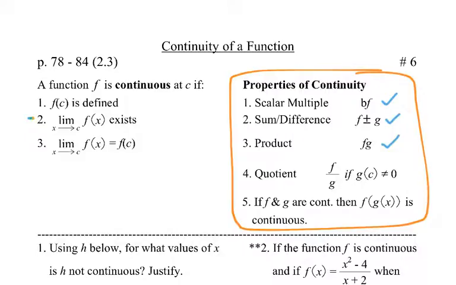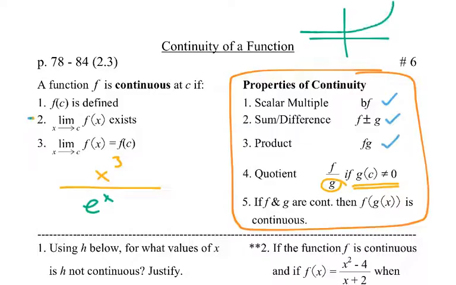Essentially, we can have a continuous function, maybe something like x cubed, and if we divide by another continuous function, sometimes it will be continuous, but only if that bottom function doesn't have any values where it equals 0. One function that works is e to the x on the bottom, because e to the x never equals 0.